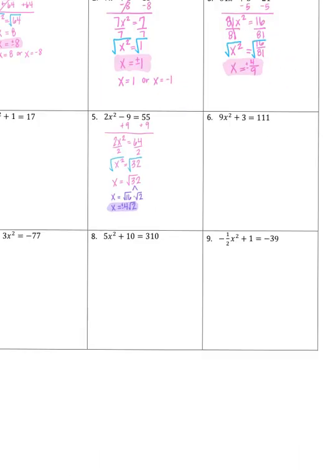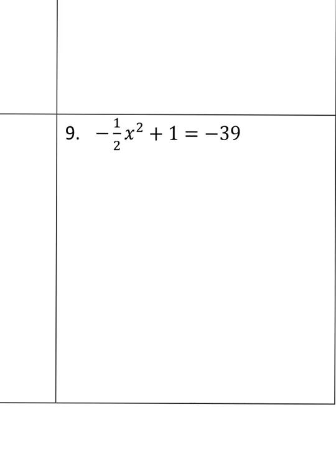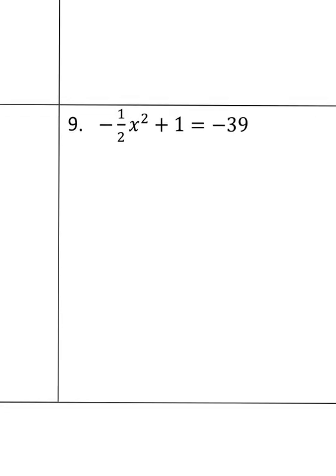All right, I'm going to do one more with you, number 9, because it's been a while since we've dealt with fractions, but it's no different than what we used to do. We're going to subtract 1 from both sides, and now we have negative 1/2 x squared equals negative 40.